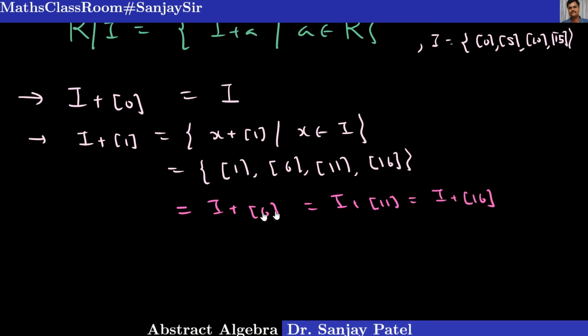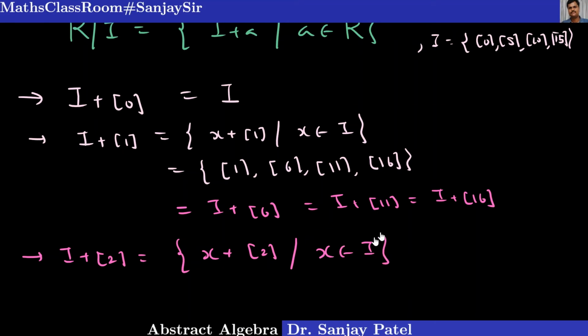So in order to find the cosets for these elements. Next, if you take I plus 2, what you will get is x plus class 2, where x belongs to I. So what are the elements of this coset? So 0 plus 2 is 2, 5 plus 2 is 7, then 10 plus 2 is 12, and 15 plus 2 is 17.